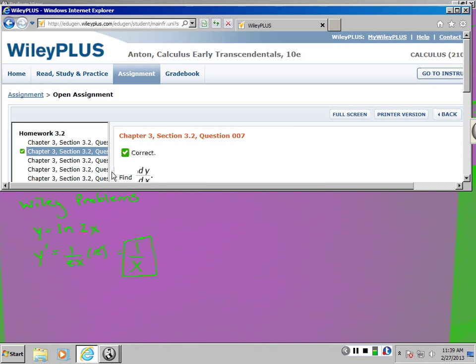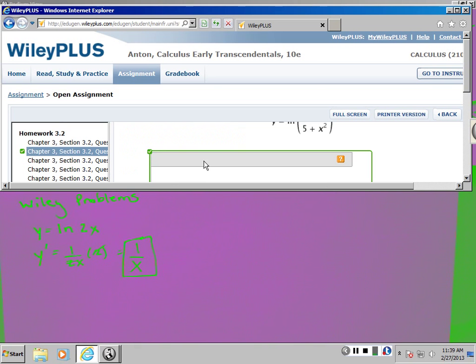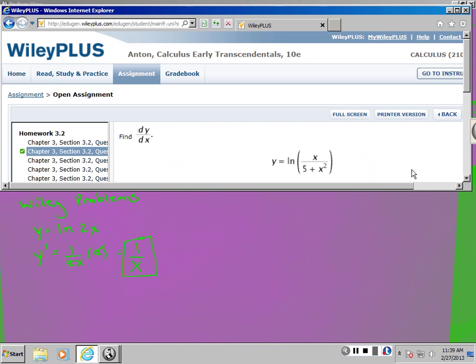This next one I did in the previous class to show that there's two ways to approach this one. What is the derivative of ln of x over 5 plus x squared? Quantity, x over 5 plus x squared.